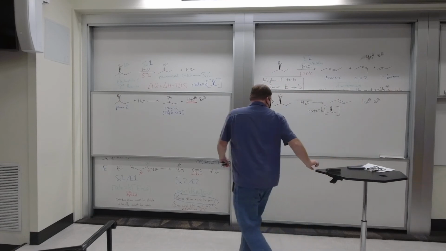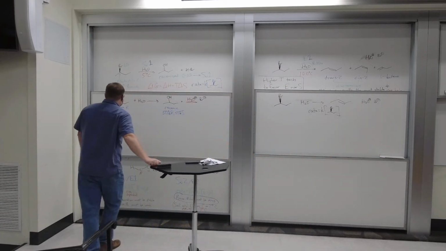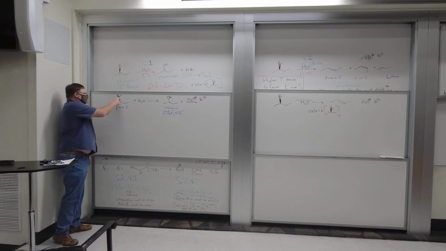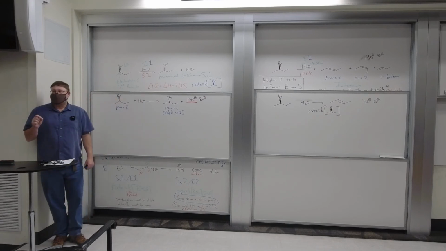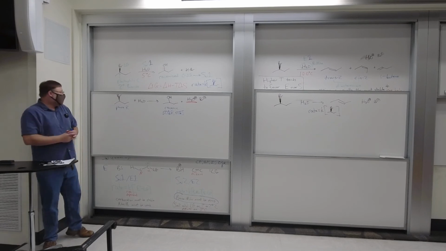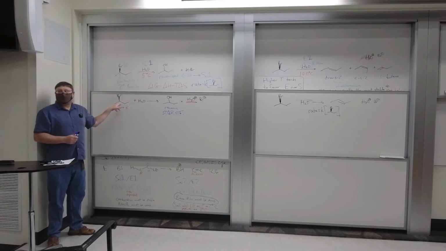All right, so we need to break the carbon-bromide bond. Right, we have to break the carbon-bromide bond, and we have to make a carbon-oxygen bond. Can't be one step because the rate law is wrong. And we can't make the carbon-oxygen bond first. How come? Well, there's that, but there's something else.